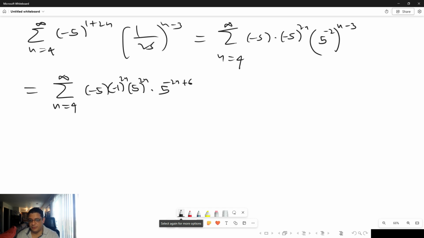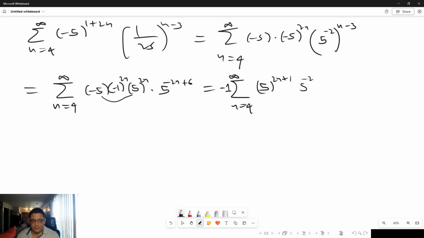So now we're just rearranging this: this is 1, this is minus 1. I can get a minus out, so I'm going to get minus 1. And I'm going to have 5 to the 2n plus 1 from this term and this term, and I'm going to have 5 to the minus 2n plus 6.